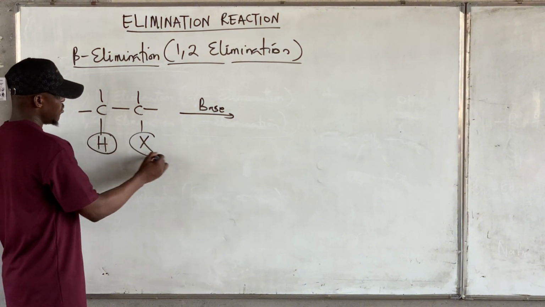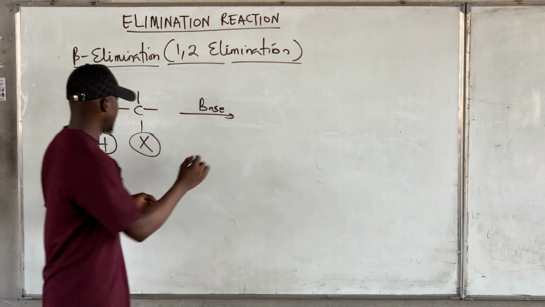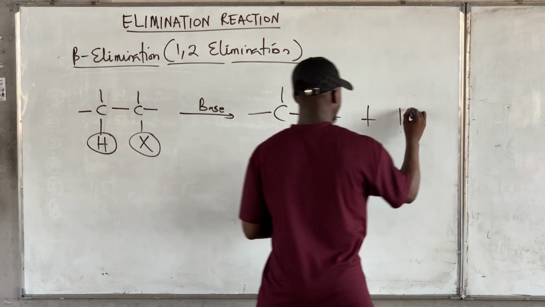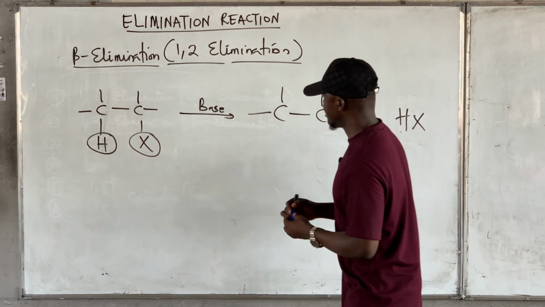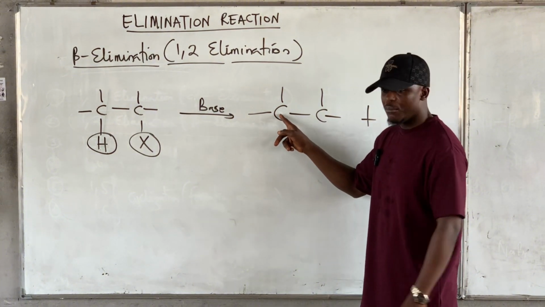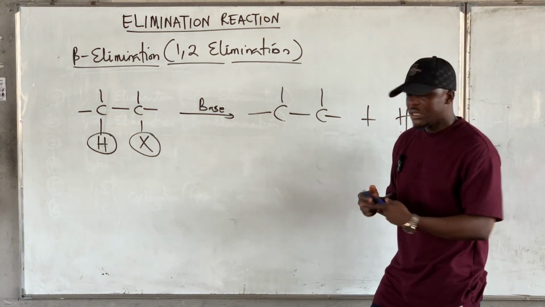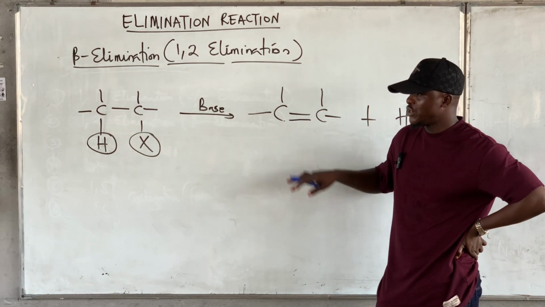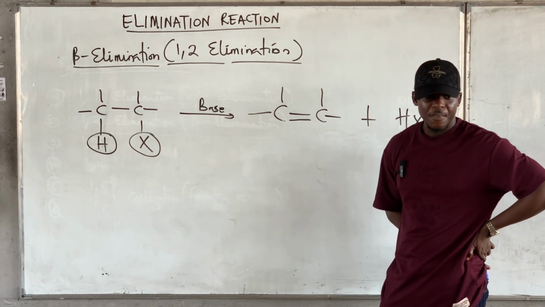Remove this one, remove this one. Once you do that, this becomes the product plus HX. Now you notice that this carbon is lacking one bond, and this one is also lacking one bond. There will be a need to produce a double bond. So that's where the formation of a new pi bond comes in.